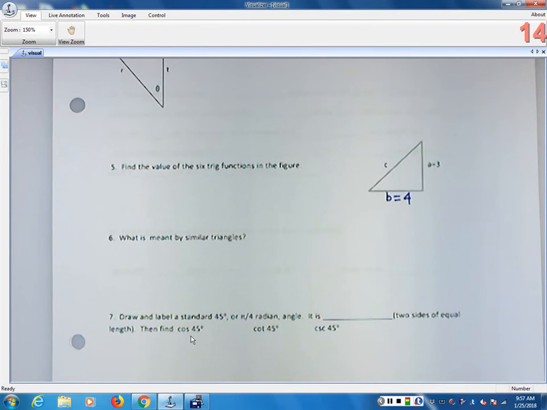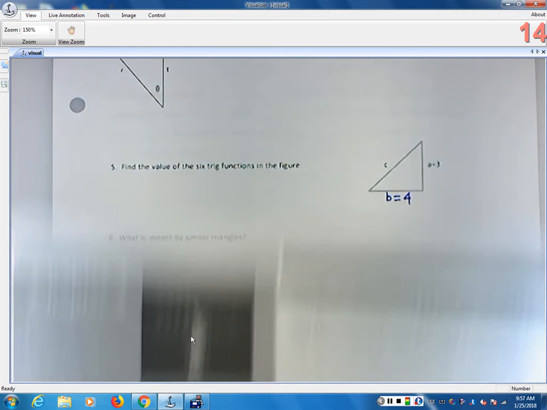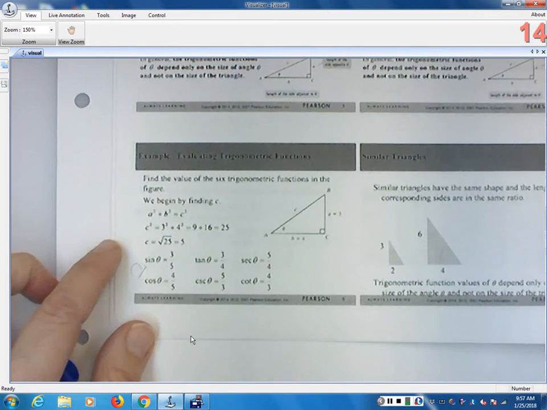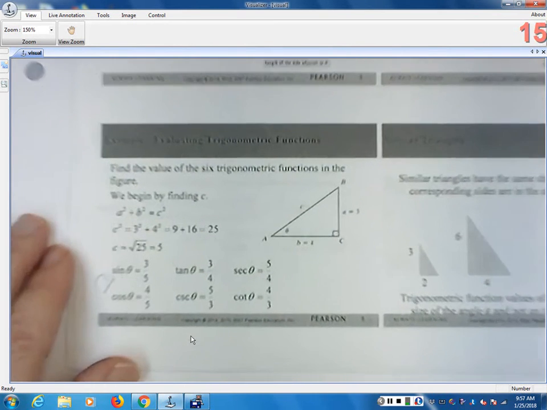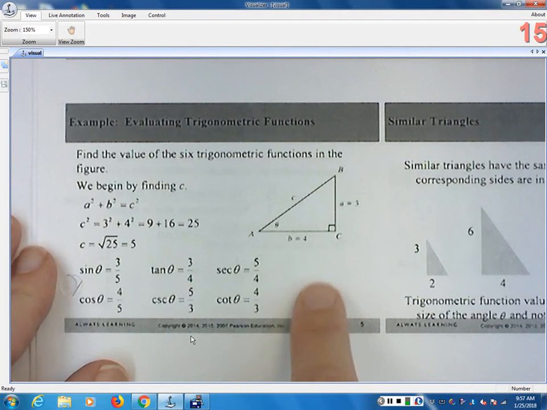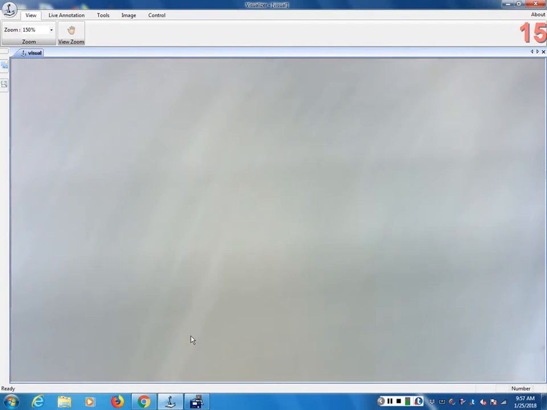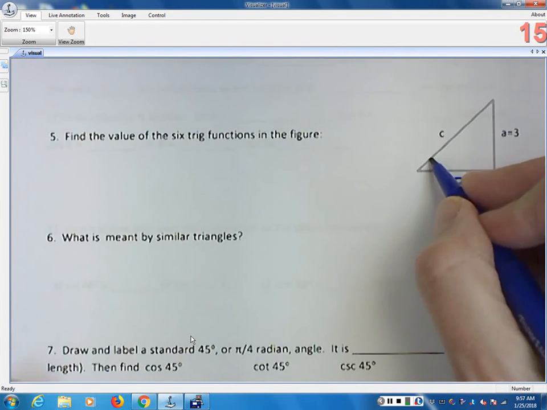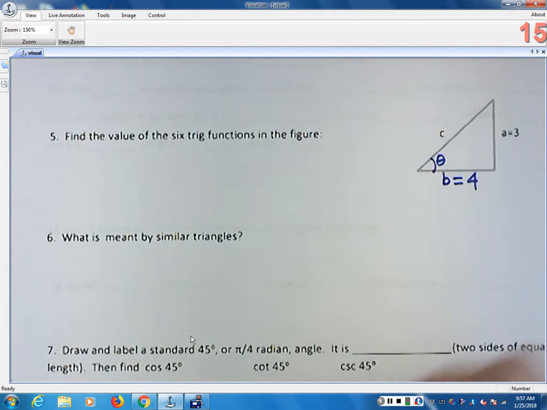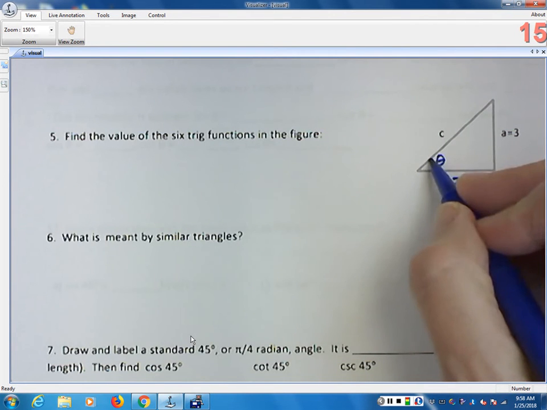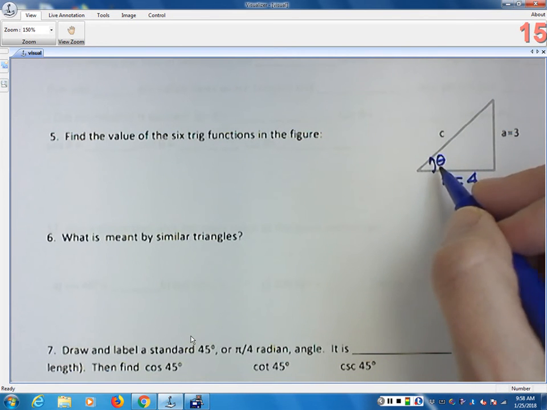There's missing information from this triangle, and I think slide 5 probably has it. Yeah, this is from slide 5. B is 4, and this is theta. So we're going to find the values of the 6 trig functions in terms of theta.